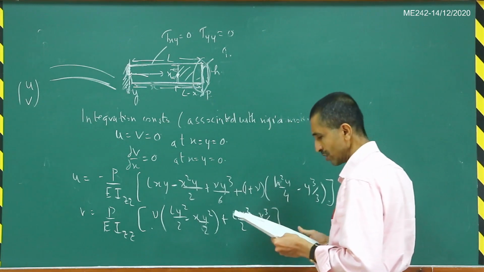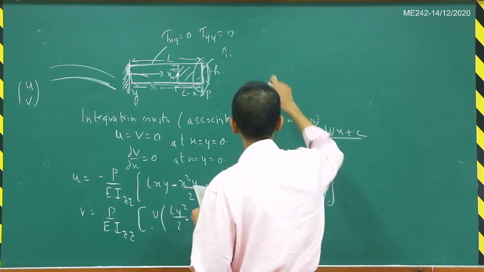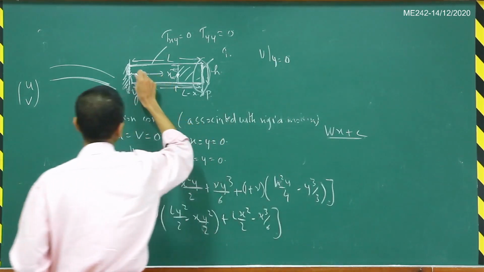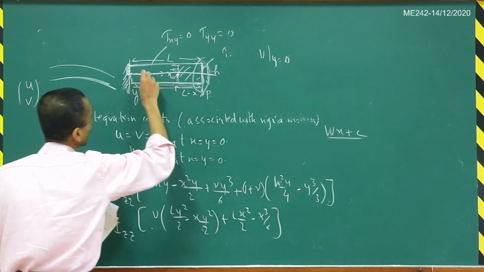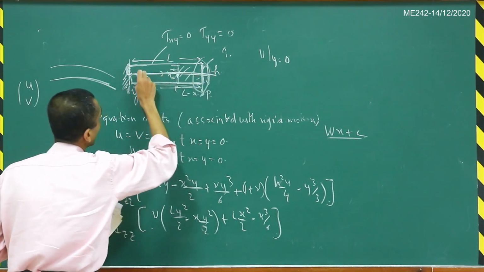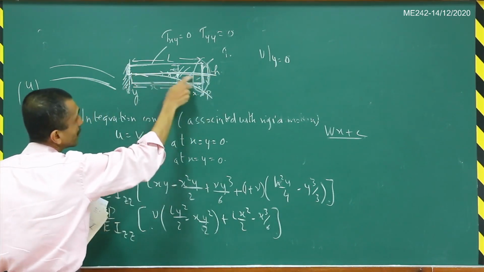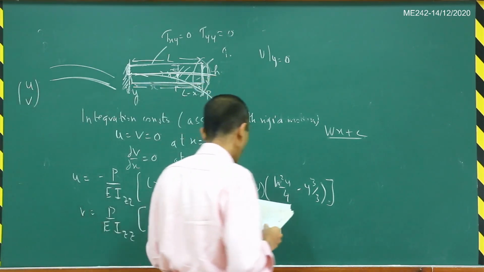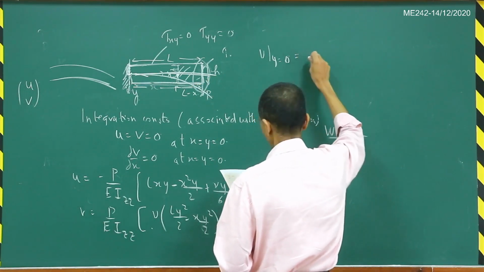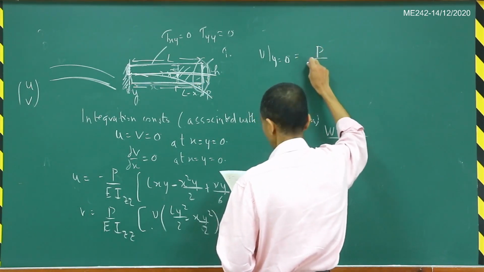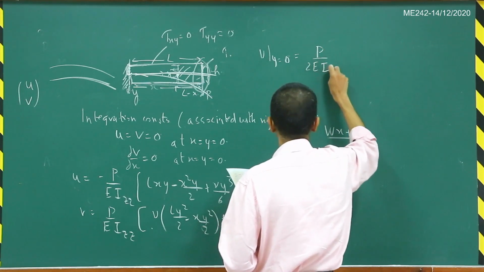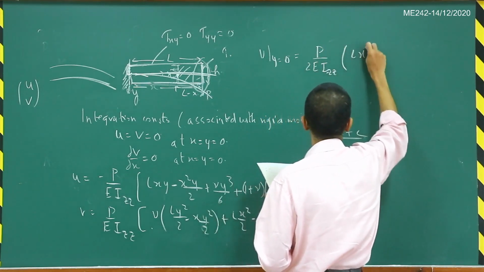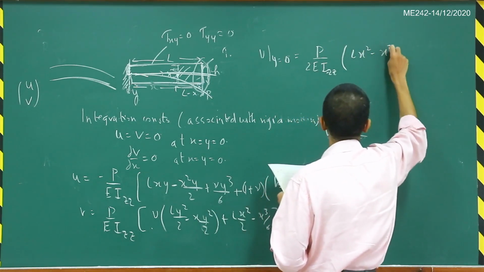to this exact solution. So suppose now I find V at y equals 0, so I find the vertical displacement along the center line, and you are trying to find out what is the deflection of this center line here. So that is V evaluated at y equal to 0. This will give me P divided by 2 times E times I z z times L x square minus x cube divided by 3.